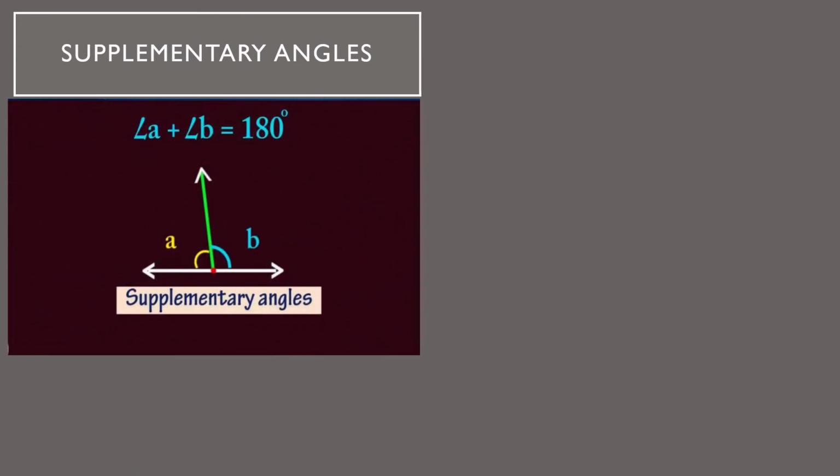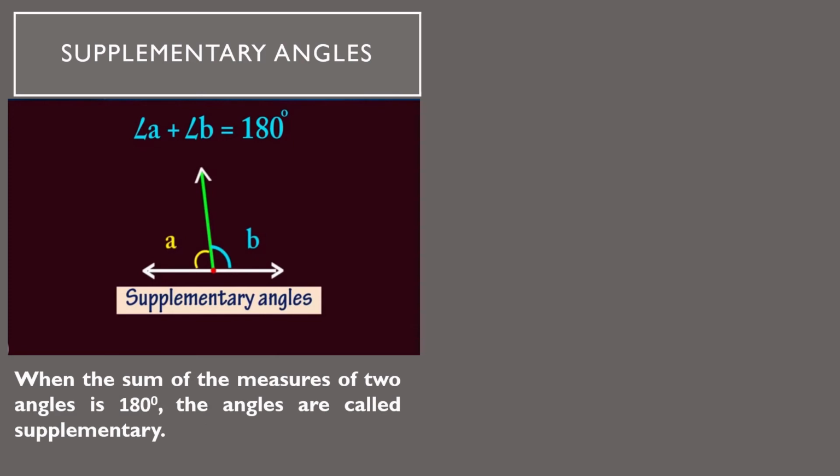Supplementary angles. When the sum of the measures of two angles is 180 degrees, the angles are called supplementary angles. Or we can say that when two angles are supplementary, each angle is said to be the supplement of the other.